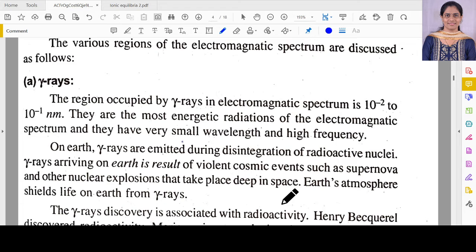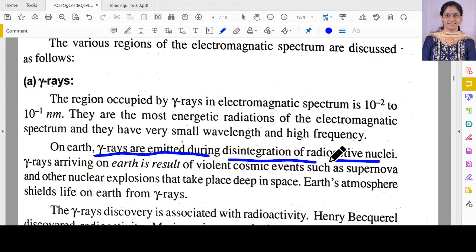So this is how wavelength increases towards lower energy values of radiation. So remember this trend. Then we have seen each and every radiation and its details. Gamma radiations, or cosmic radiations as we call them, are emitted during the disintegration of radioactive nuclei.